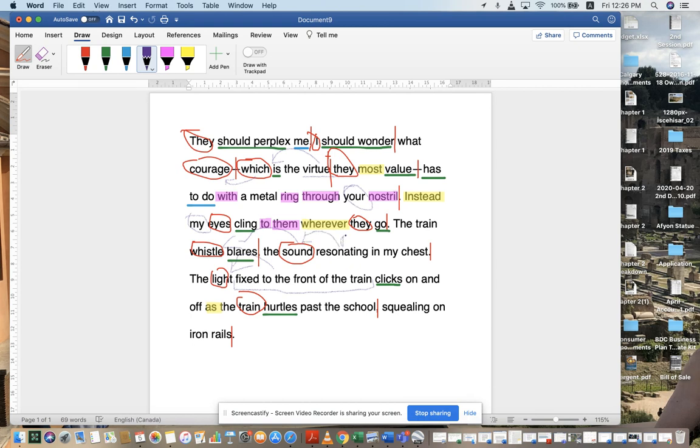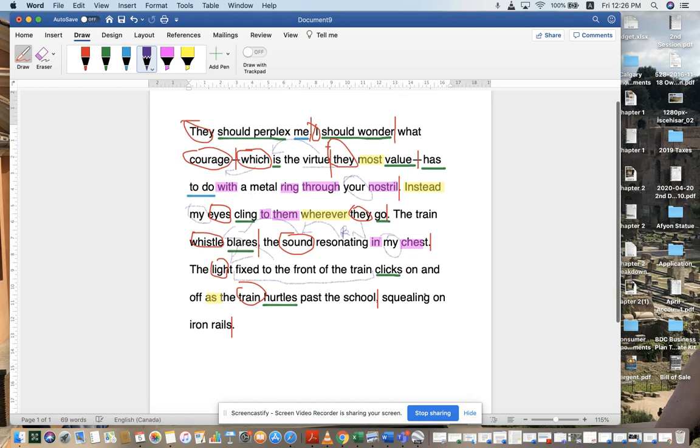And this participle is another predicate nominative, PN, and it's resonating in, preposition, chest. Whose chest? My chest. The light, and this is where we get to this part here, the light fixed to the front of the train. So this is a perfect passive participle, which is actually describing light.